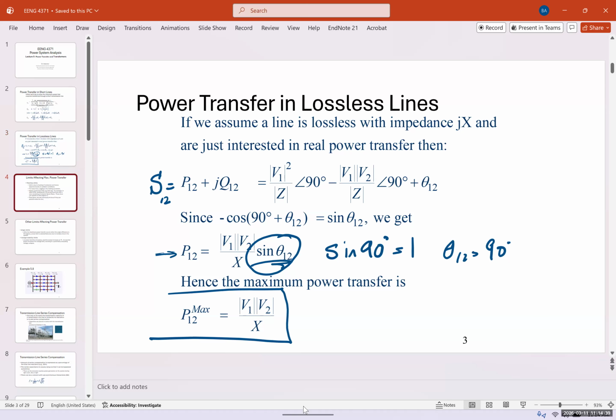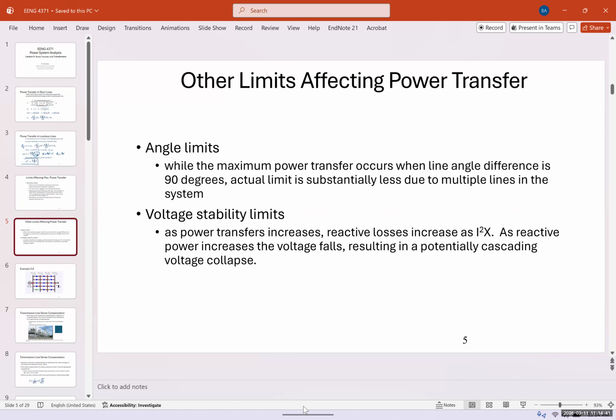So another problem that we're going to have is the angle difference. And this actual limit is substantially less due to multiple lines in the system, meaning it's going to be less than 90 degrees. What we have to do is use different methods to compensate for the power and for the angle as well.